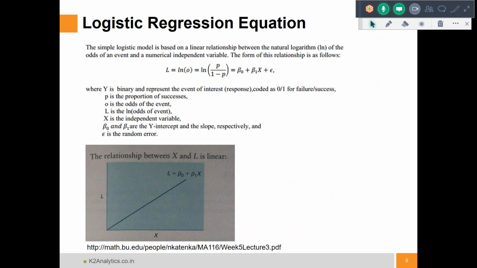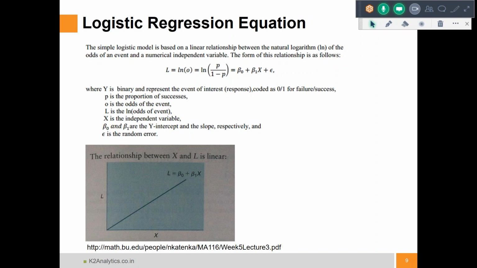For the time being, if I had not done y equal to log of odds, for the sake of making this concept very clear, suppose we say we are not building log of odds equal to this, instead we are building odds as a function of the independent variables.